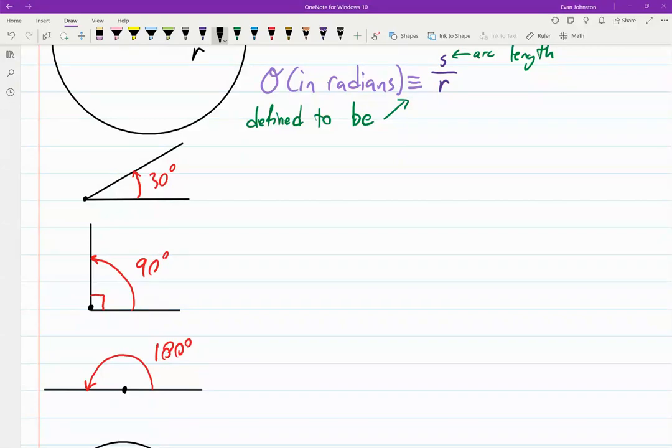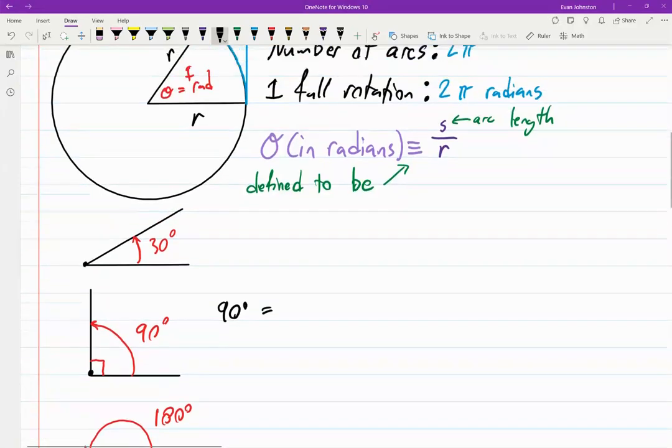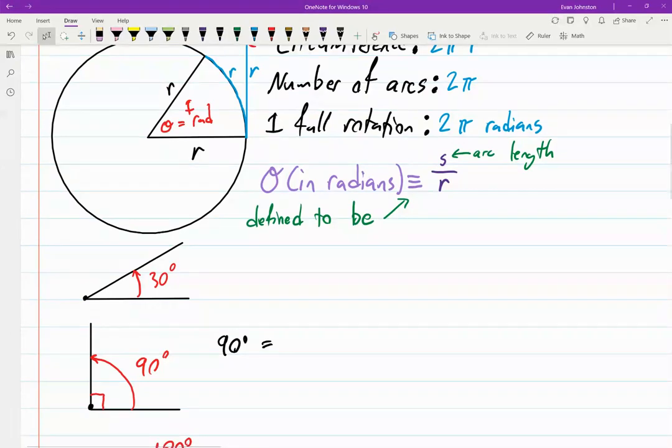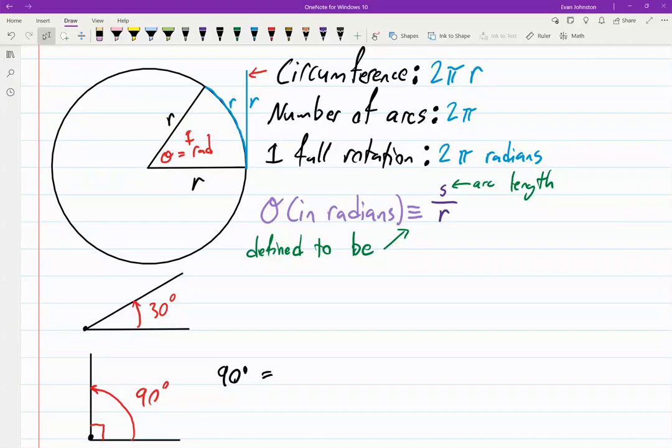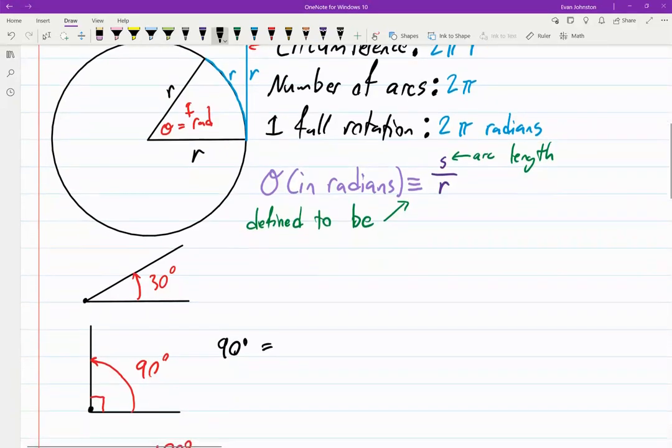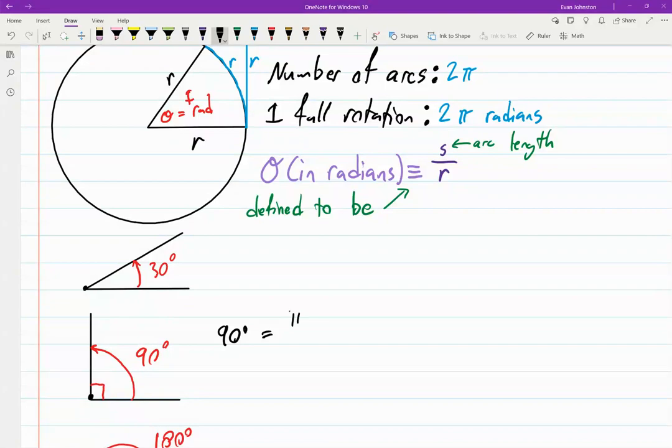But we have 90 degrees. 90 degrees equals how many radians? Well, if it takes 2 pi many radians to go the full circle, it would take 1 pi to go half the circle. So it would take half of a pi to go a quarter of a circle. So we're going to have pi over 2 radians.